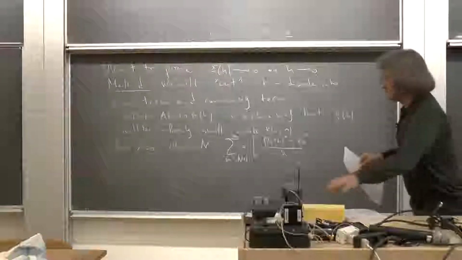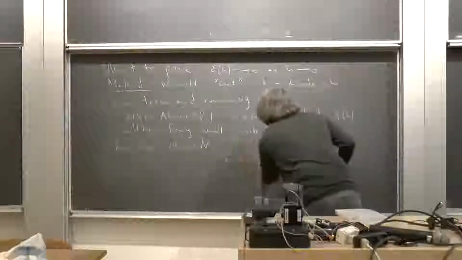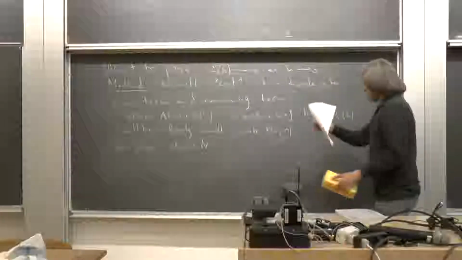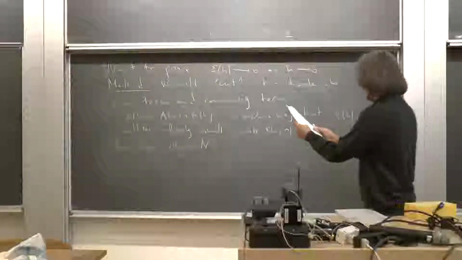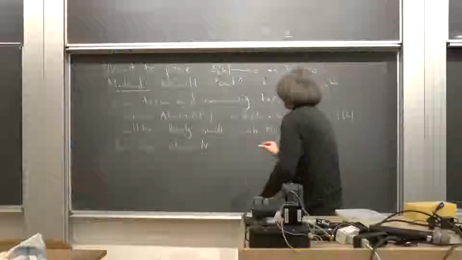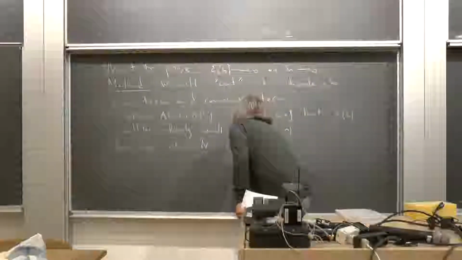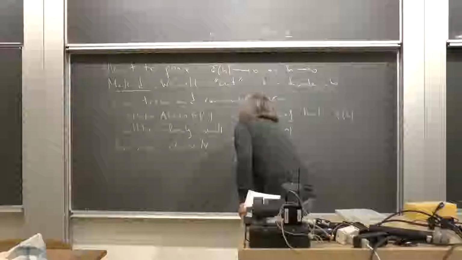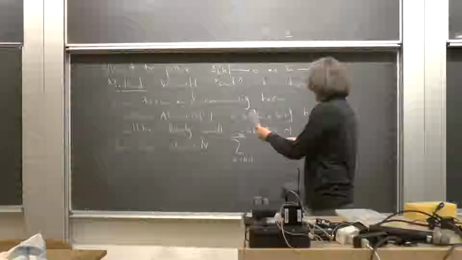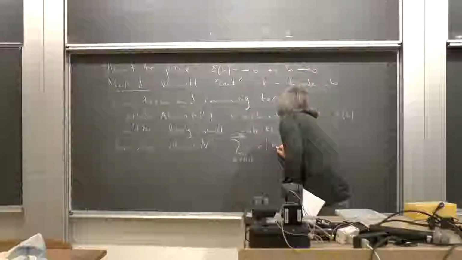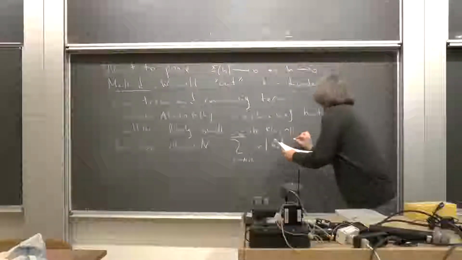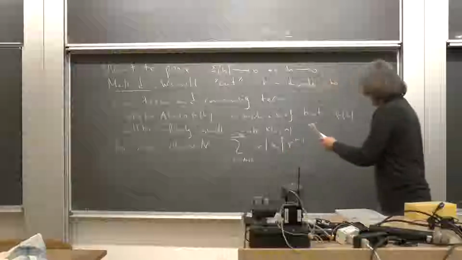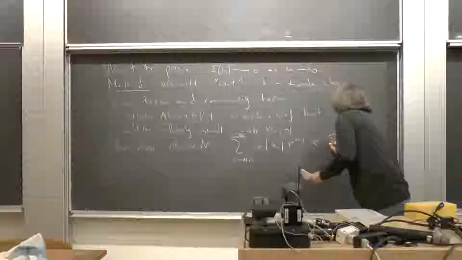Sorry, it's not about the remaining term. I can just use the fact that the convergence is absolute. So the sum from n equals capital N plus 1 to infinity is less than epsilon over 4.